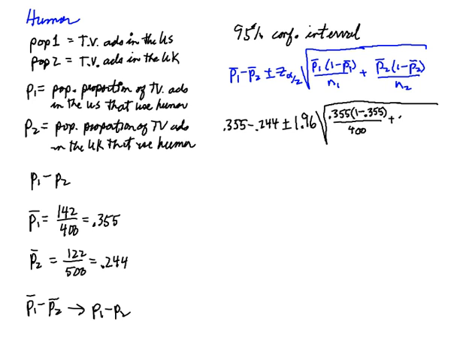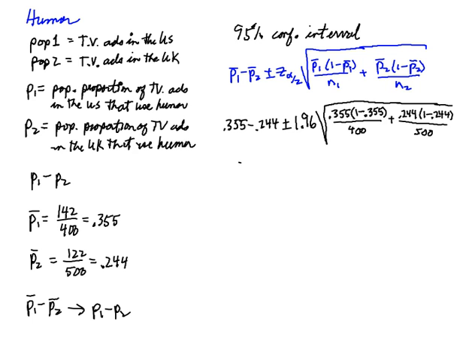So I'd have 0.244 times the complement divided by 500. Notice the sum of those two calculations are all under the radical sign.